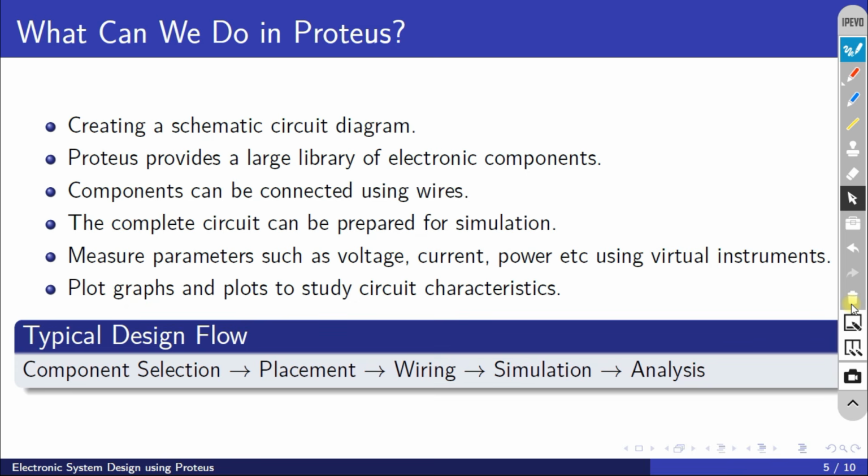Proteus provides a large library of electronic components that can be used to design circuits. We can select and place components such as resistors, capacitors, inductors, diodes, transistors, ICs, switches, LEDs, displays, motors, sensors, and many other devices. These components can then be connected using wires to create the required circuit.